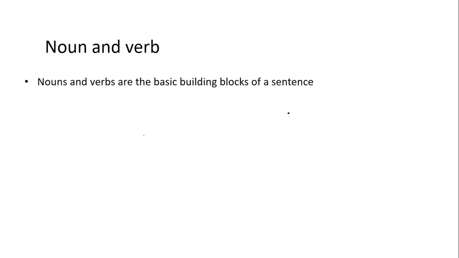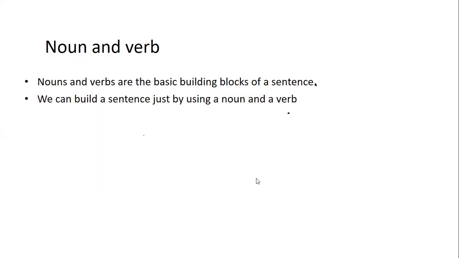Next, noun and verb are the basic building blocks of a sentence. Without nouns and verbs, a sentence will not be complete. You'll find that statement to be very ambiguous, or you can say a sentence which is meaningless, because every sentence contains nouns and verbs which make that sentence a complete sentence.